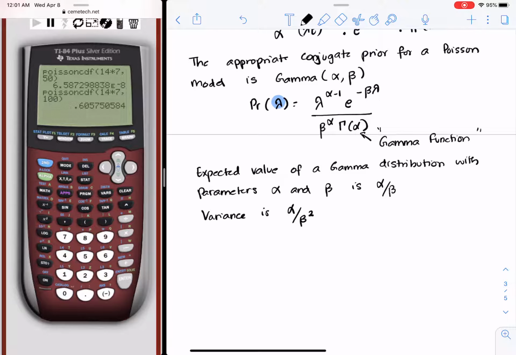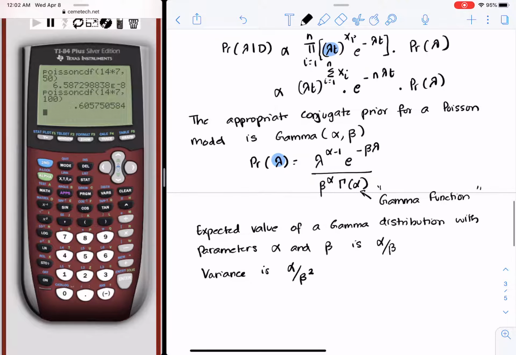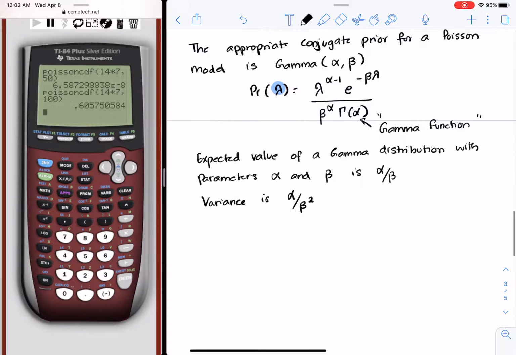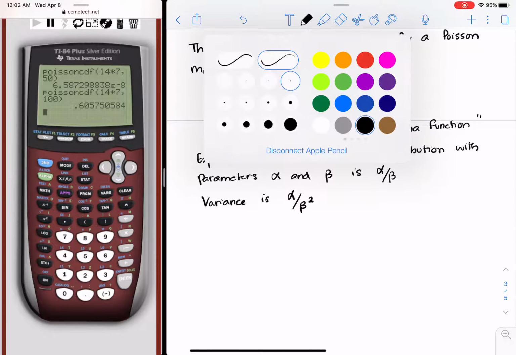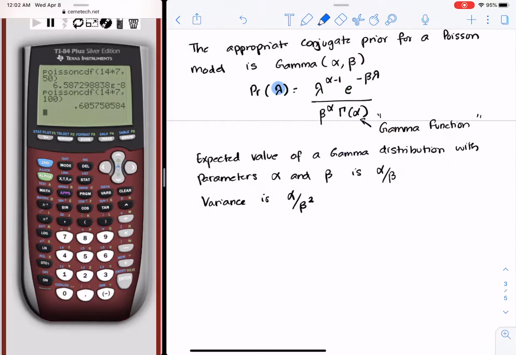So the choices of alpha and beta would determine how the skew of the density would be, and in turn it is going to affect the estimation of our parameter lambda. Key things to note: a gamma distribution has an expected value alpha over beta, and variance alpha over beta squared.